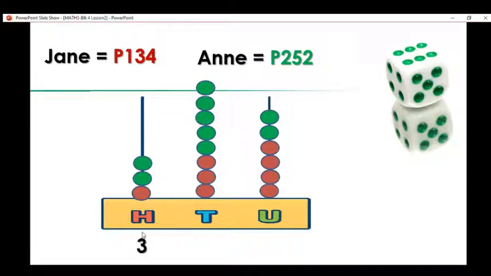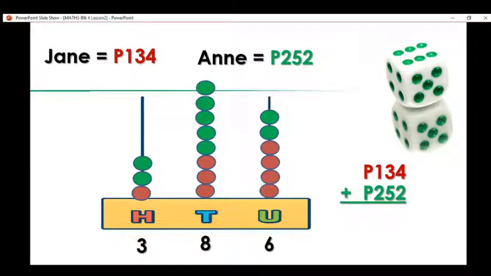So we have 300. How about tens? 1, 2, 3, 4, 5, 6, 7, 8. So we have 8 tens. How about ones? 1, 2, 3, 4, 5, 6. So we have 6 ones. So we can say that Anne and Jane have the total amount of 386.